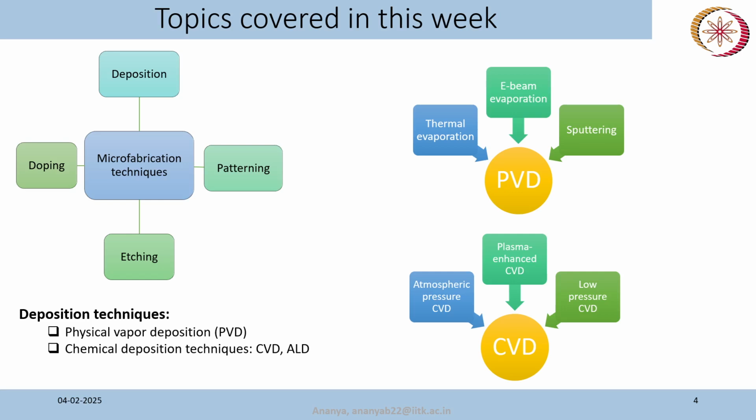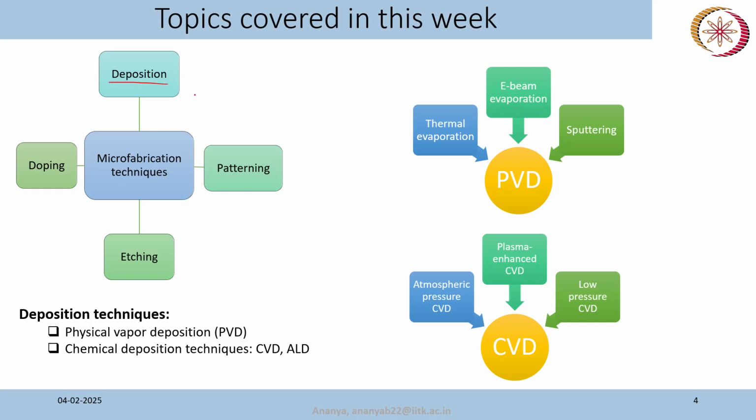Let's go to this slide. So this week, mainly the microfabrication of the sensors was discussed, and what the different microfabrication techniques are. You can see this diagram here. The first microfabrication technique is deposition.